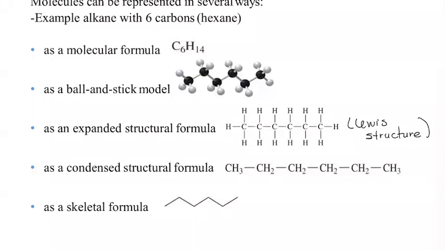It is important to note that when it comes to carbon, carbon is an atom that respects the octet rule. So make sure that you remember that carbon always has 8 electrons around it.